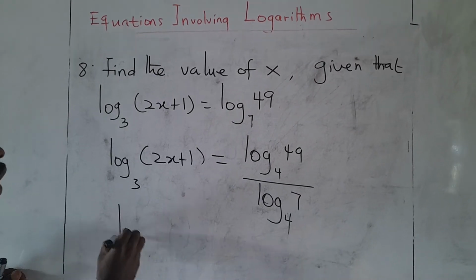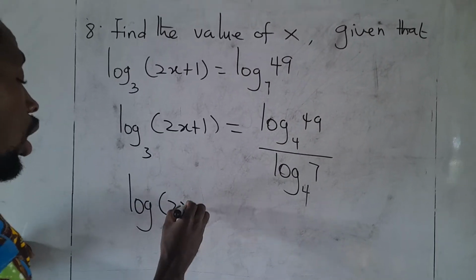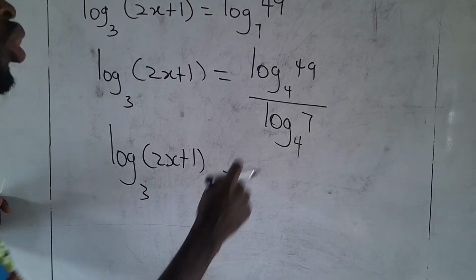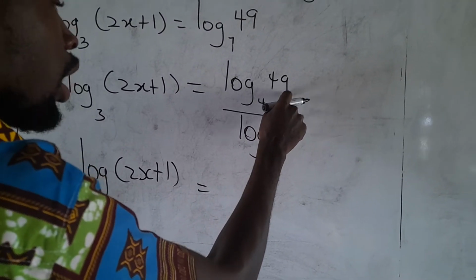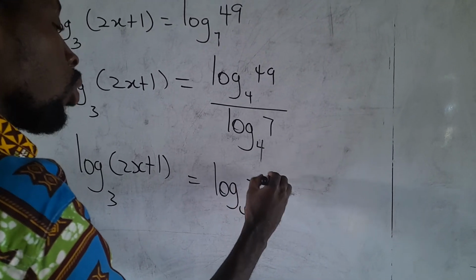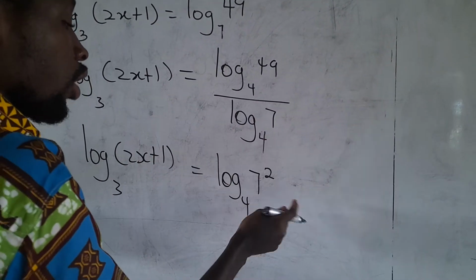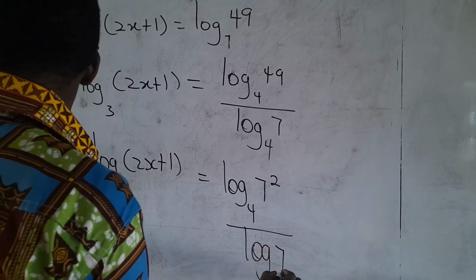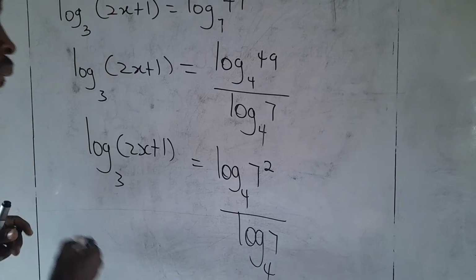So we have log 2x plus 1 base 3 will be equal to, and I can write this in exponent form, log 7 exponent 2, since 49 is 7 exponent 2, over log 7 base 4.